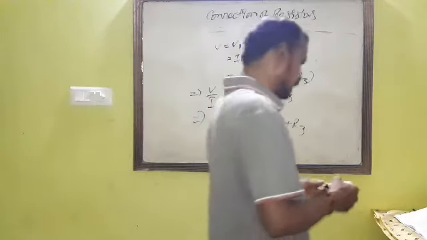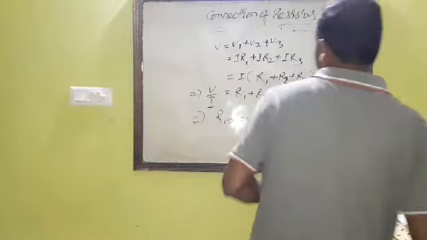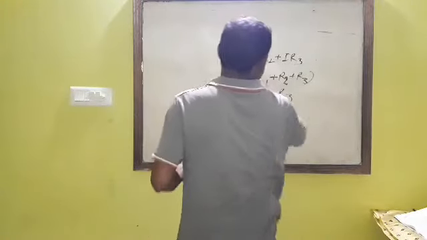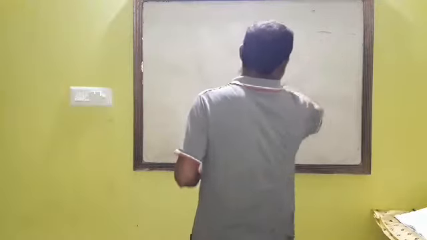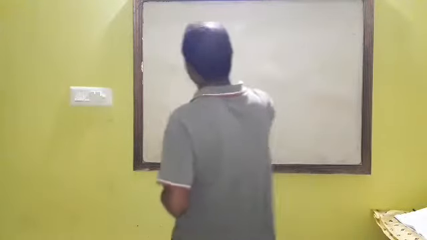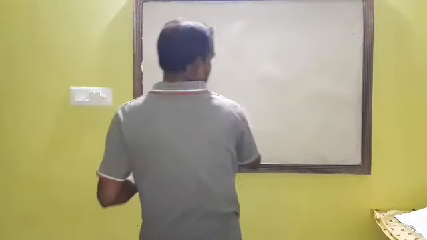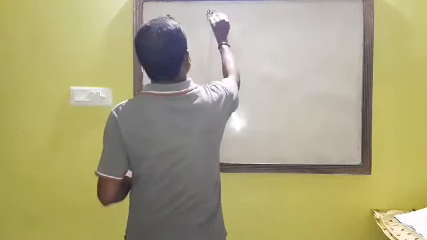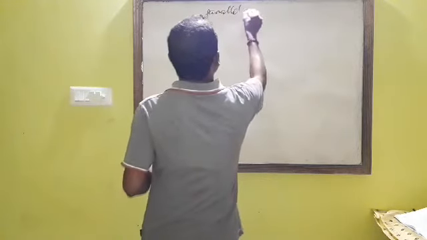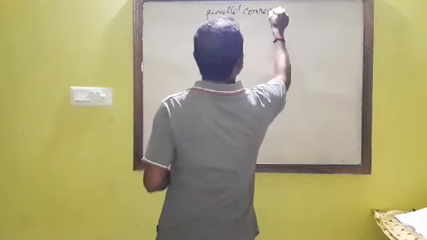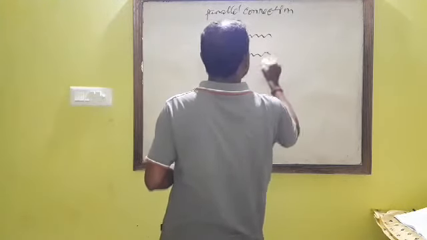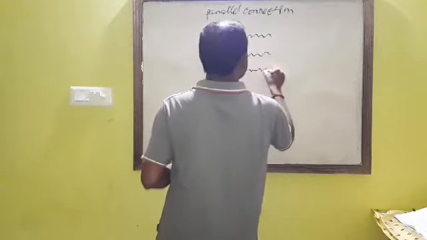Let us discuss the parallel connection of resistors. How are resistors connected in parallel in electric circuits, and what are the benefits of connecting resistors in parallel? See, this is resistor R1, this is R2 and this is R3.